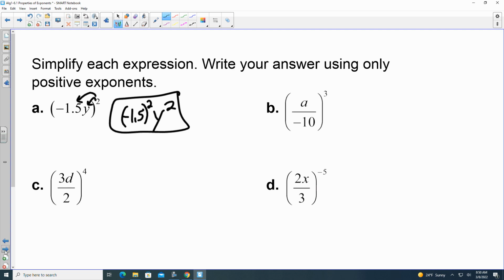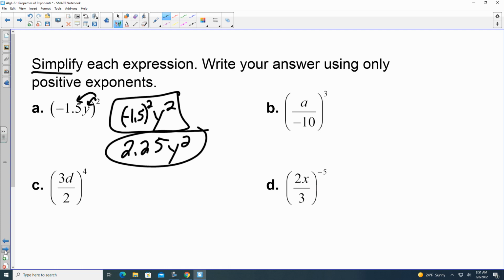Actually, even though it says simplify, let's evaluate it. So negative 1.5 squared is going to be what? Positive 2.25 y squared. All right.